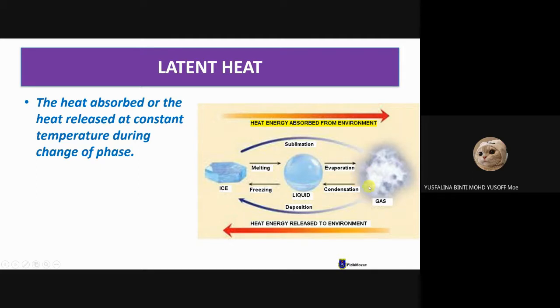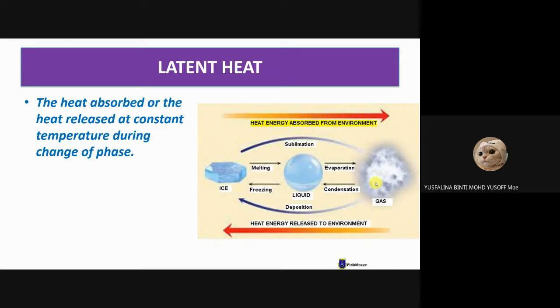Then we reverse it. Gas to liquid, we call the process condensation, and here the heat is released. Then liquid to ice, we call that process freezing, and here also the heat energy is released.